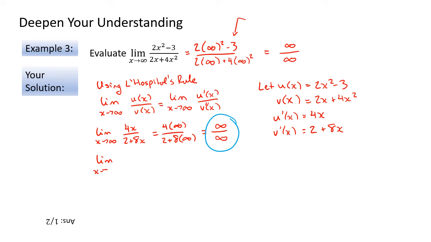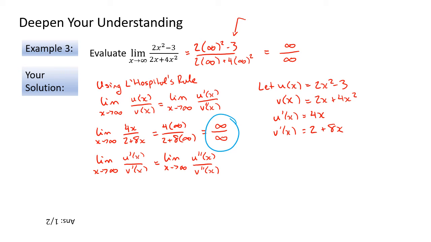So the limit as x approaches infinity of u prime of x divided by v prime of x is equal to the limit as x approaches infinity of u double prime of x divided by v double prime of x, or the second derivatives.